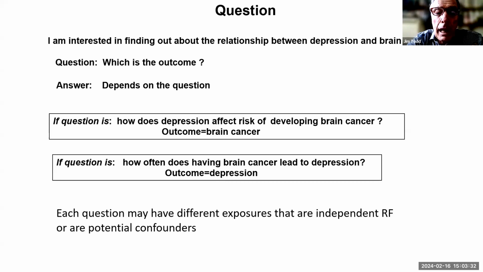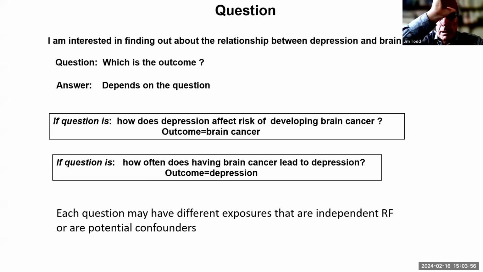Are we looking at depression as a cause for brain cancer, or are we looking at brain cancer as something which would lead to depression? There are two different ways of looking at this. One is we have an outcome of brain cancer, and we're looking at depression as a cause or a risk for developing brain cancer.